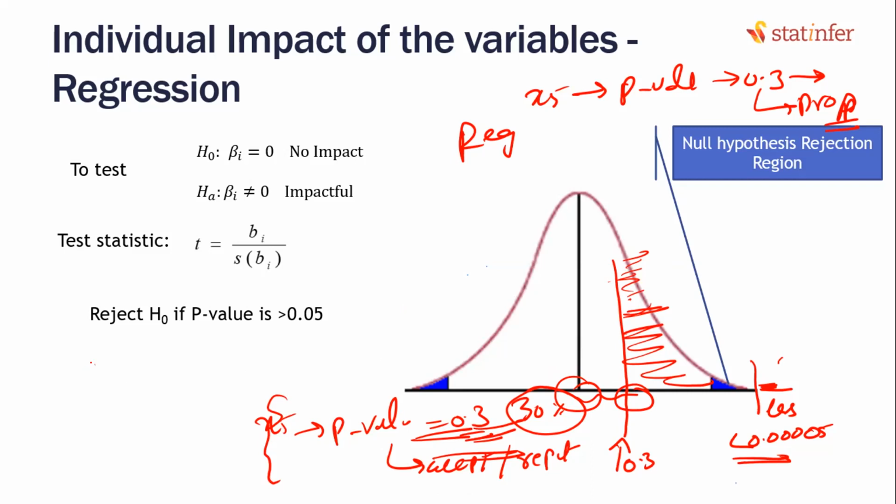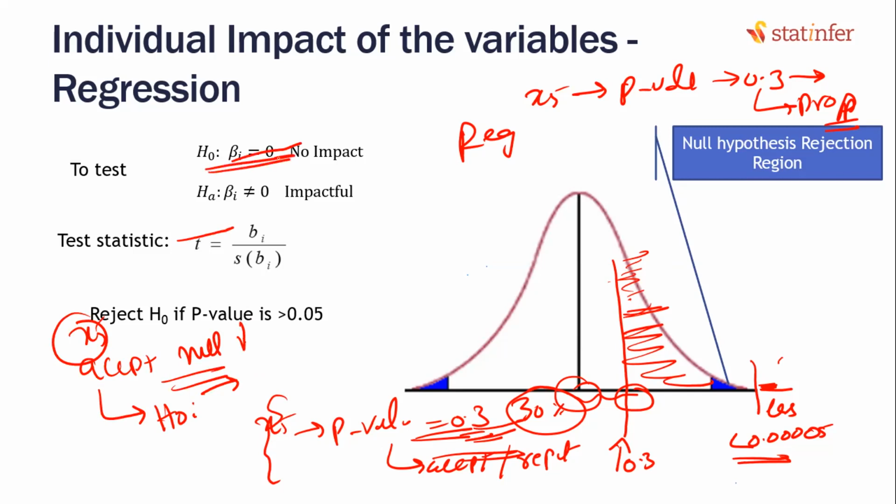So for variable X5, accept null. Accepting the null hypothesis H0 means accepting that beta naught is 0, which means accepting that there is no impact of this variable.